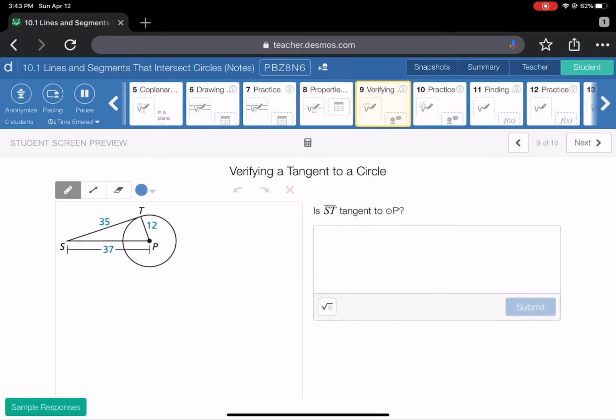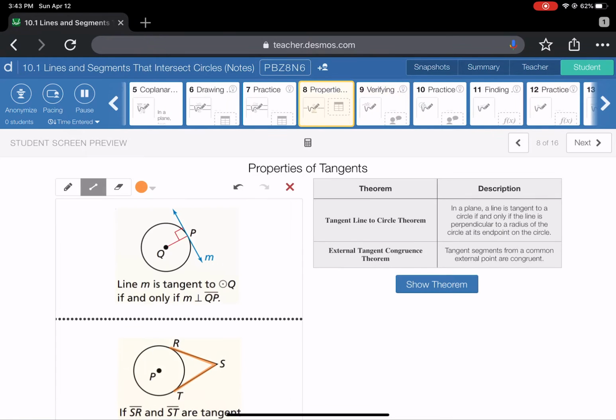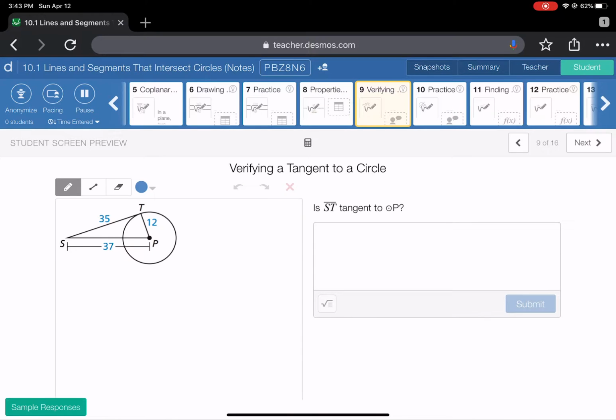All right, so first of all, we're gonna use the tangent line to a circle theorem. So this one with the 90-degree has to be 90 degrees to verify if the line or the segment is a tangent. So the question is, is ST tangent to circle P? So first let's identify ST. ST is this piece right here, the one that's labeled with the 35.